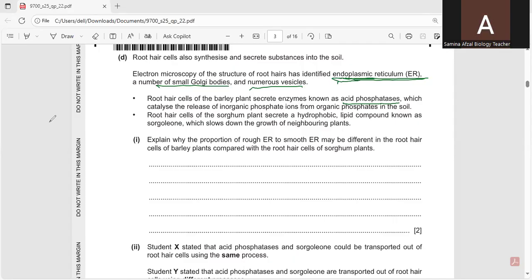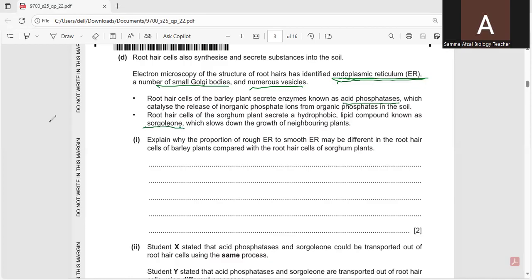Sorgoleone is a lipid compound. So acid phosphatase is a protein, and the hydrophobic compound sorgoleone is a lipid. They have different natures.